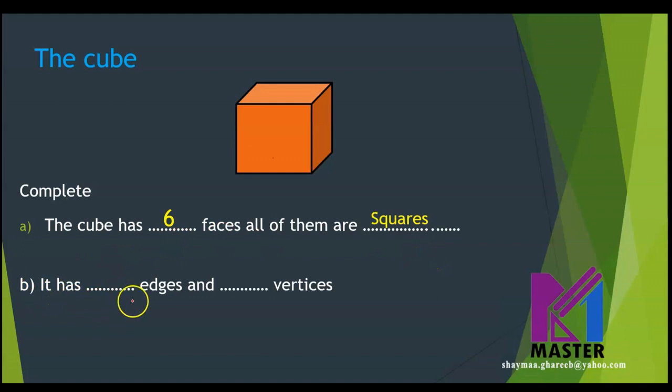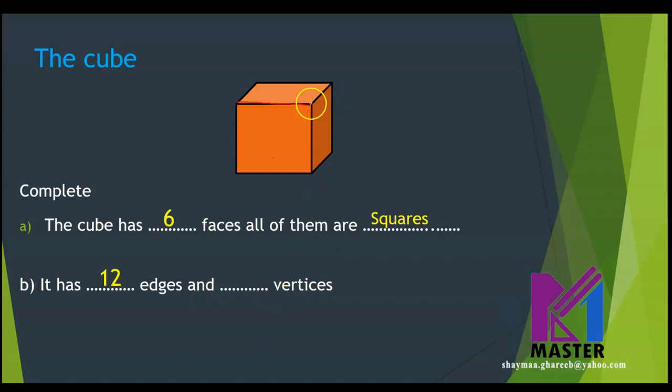The cube has how many edges? And the meaning of the edge is the side here, the line of the cube. So how many edges does the cube have? If you count the edges of the cube, you will find there are 12 edges in the cube. And what about the vertices? The vertices means the corners.